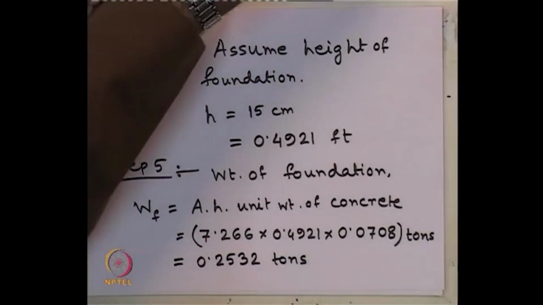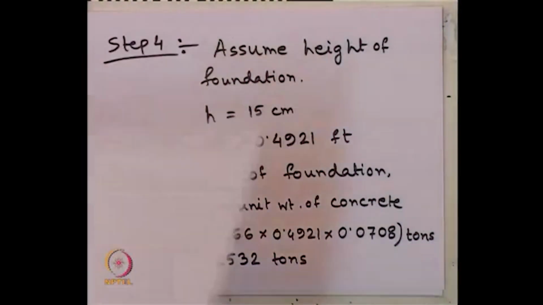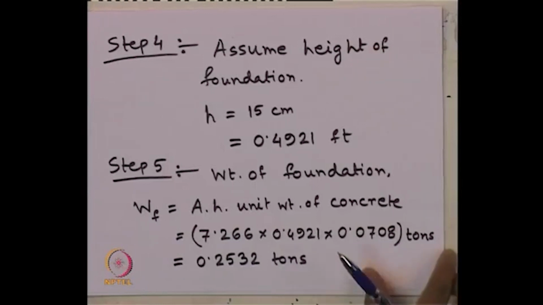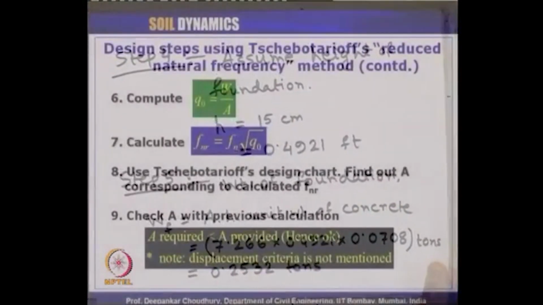So, in this step 5 only, we have to now compute the total weight of machine plus foundation. Weight of the machine is given to us, which is 0.5 ton, right.